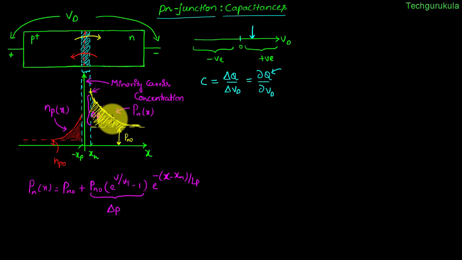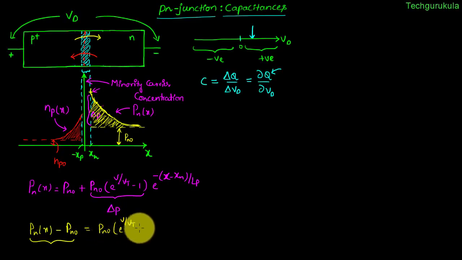concentration in the N-side material, which would be given by the excess carrier concentration Pn of x minus Pn naught, which is equal to Pn naught times e power V by Vt minus 1 times e power minus of x minus xn over Lp. Pn of x minus Pn naught would give us the excess hole concentration in the N side.